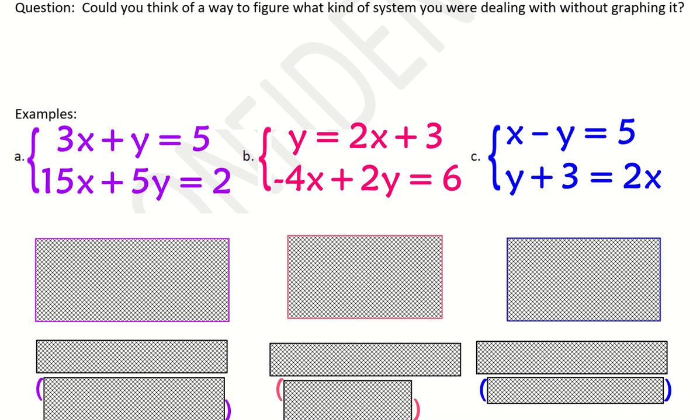You look at it and go, okay, after drawing the lines, I see that they cross somewhere, or I see that these two lines are parallel, or I can see with my own eyes beyond a shadow of a doubt that these two lines are the same exact line. Do you have to actually draw the lines to know whether they're going to be parallel, or the same exact line, or crossing somewhere? What are we going to do?